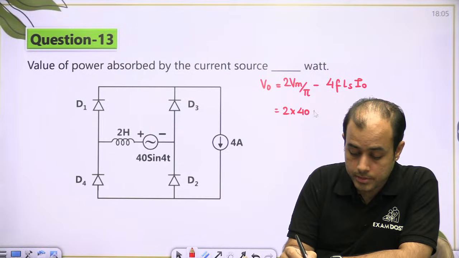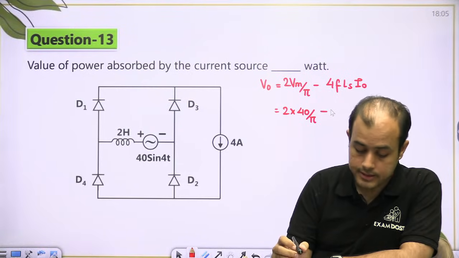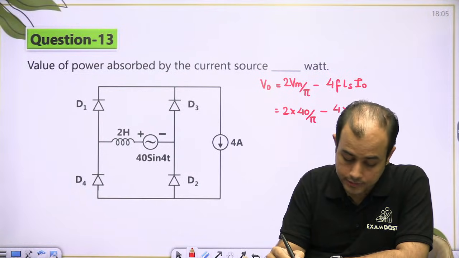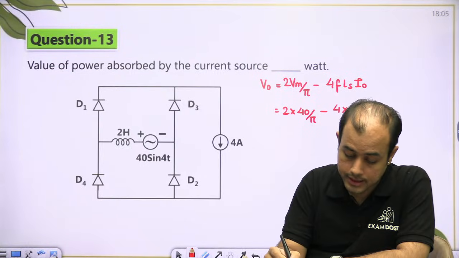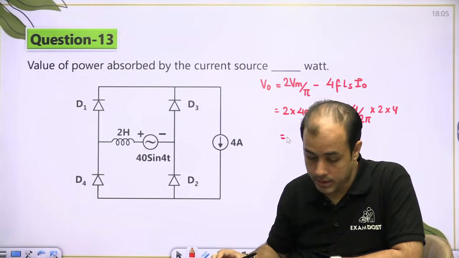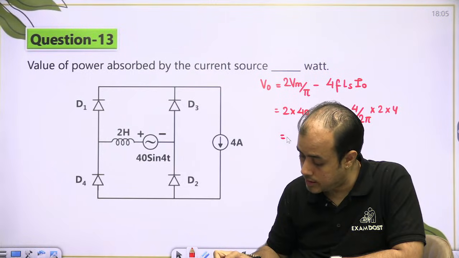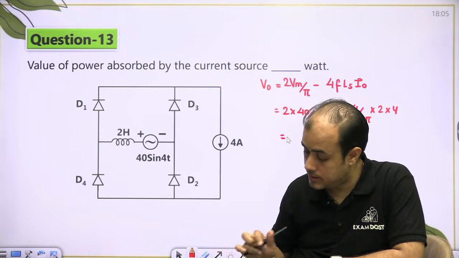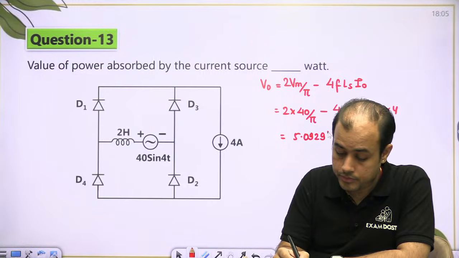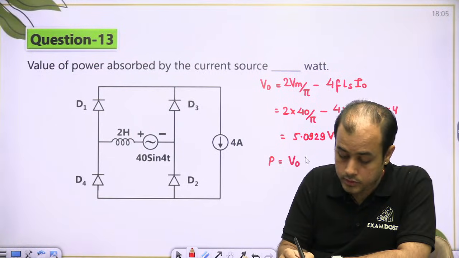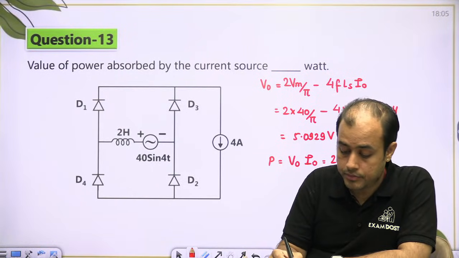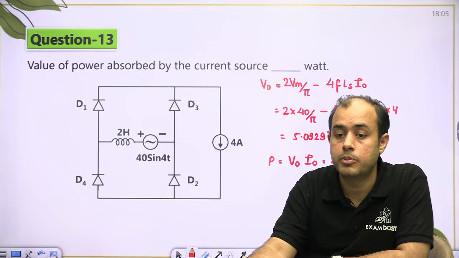So 2 into 40 by pi minus 4 into F, 4 by 2 pi, LS I naught. So 80 by pi minus 16, 64, 128, 64 by pi. 16 by pi. So power is V naught I naught, 20.37. ठीक है, यही दे रखा आंसर 20.37.